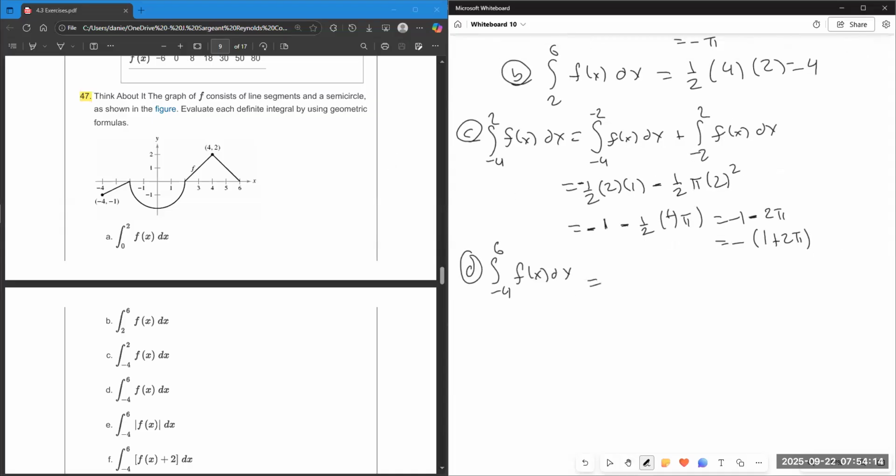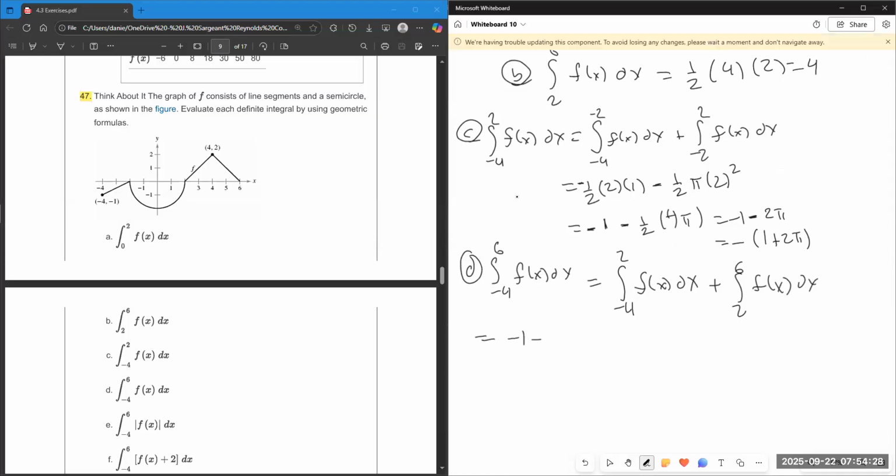So this is going to be -4 to 2 f of x dx plus 2 to 6 f of x dx, which are the last two problems that I just did. So this is a -1 minus 2 pi plus, and then 2 to 6 was 4. So this is 3 minus 2 pi.